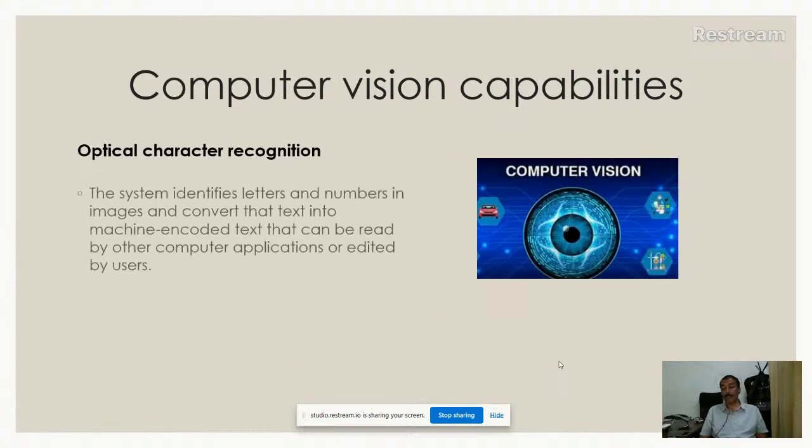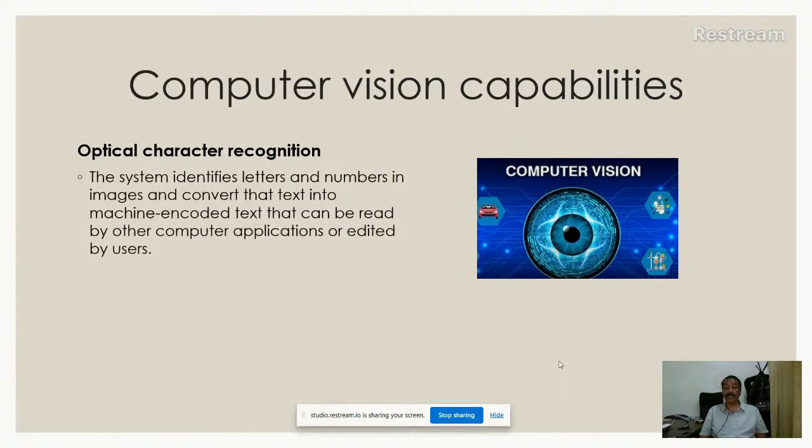Optical character recognition. Here, the system identifies the letters and the numbers in the image and converts the text into machine-encoded text that can be read by other computer applications or edited by users. So here, text analytics plays a bigger role, and artificial intelligence is going to play a major role in linguistics.